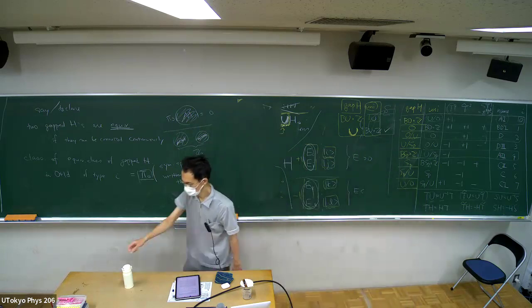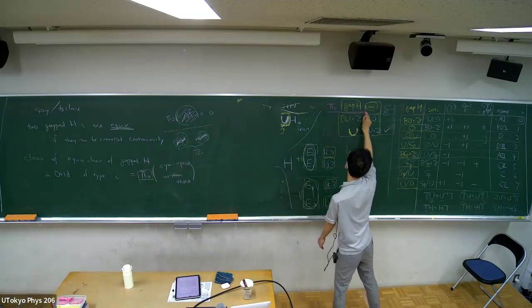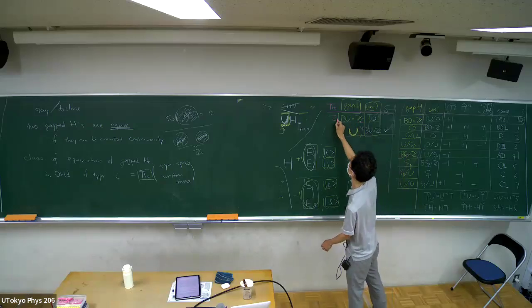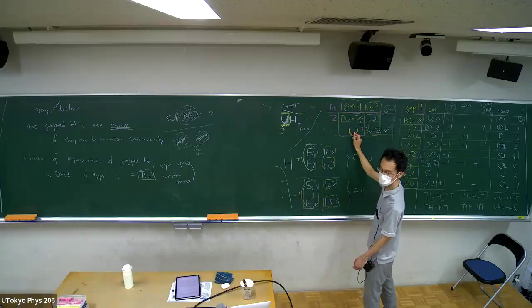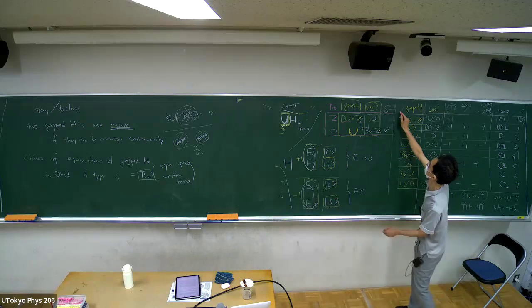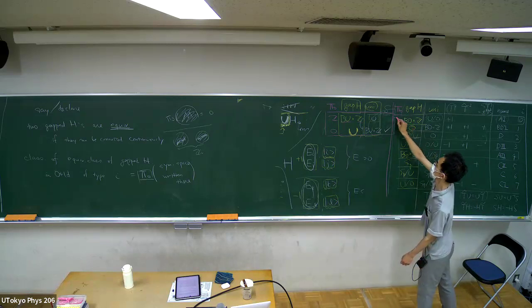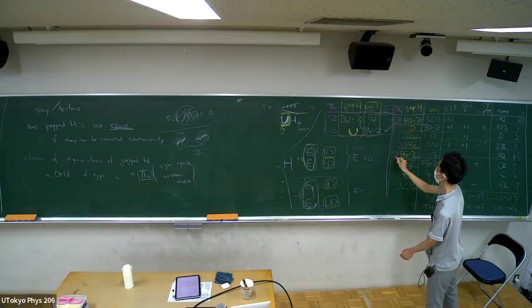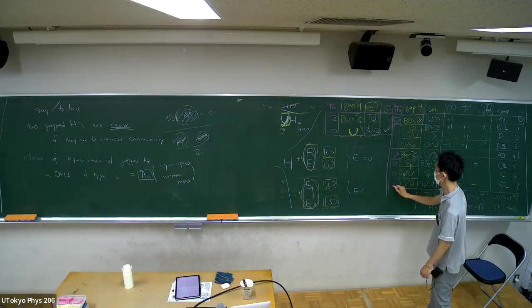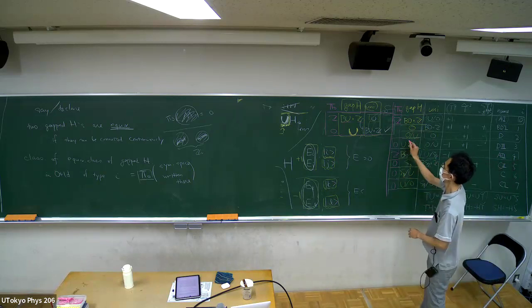So I can write pi 0 of these spaces. So BU is connected, but Z is not. This just gives Z. And the unitary groups are connected, so this is just 0. So this is Z, and similarly, this is Z. And these are known to be all connected. And this is also known to be connected.